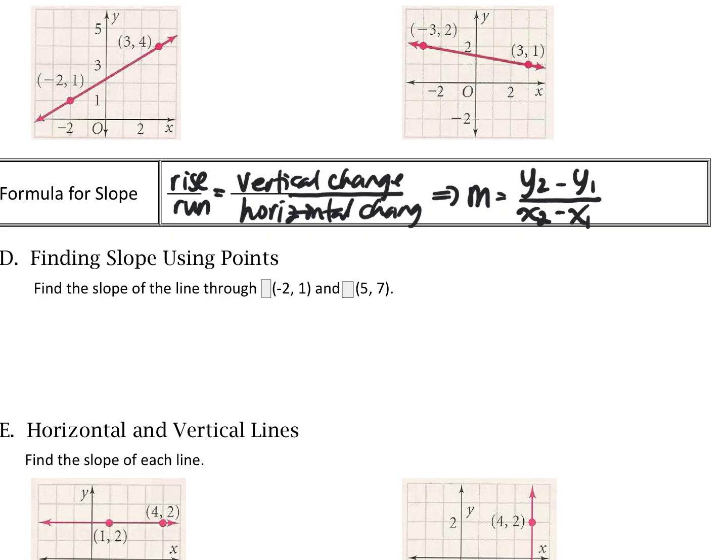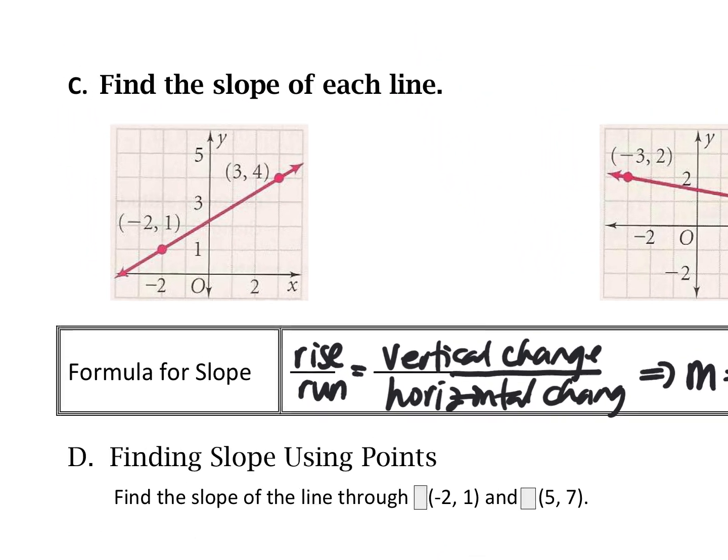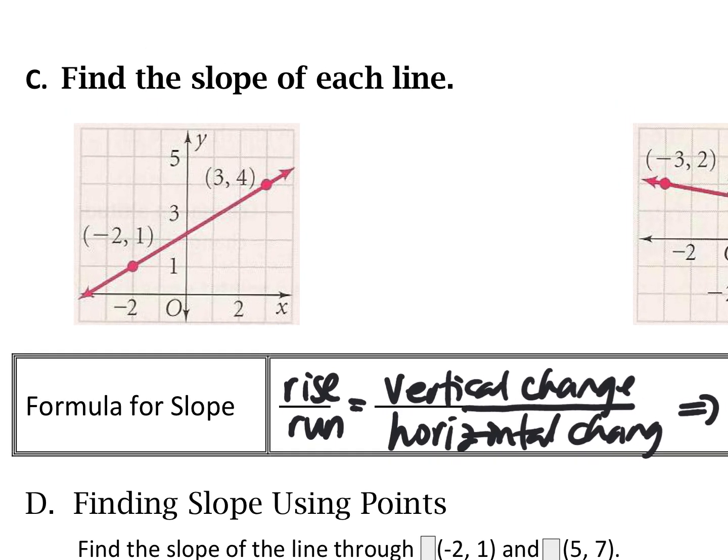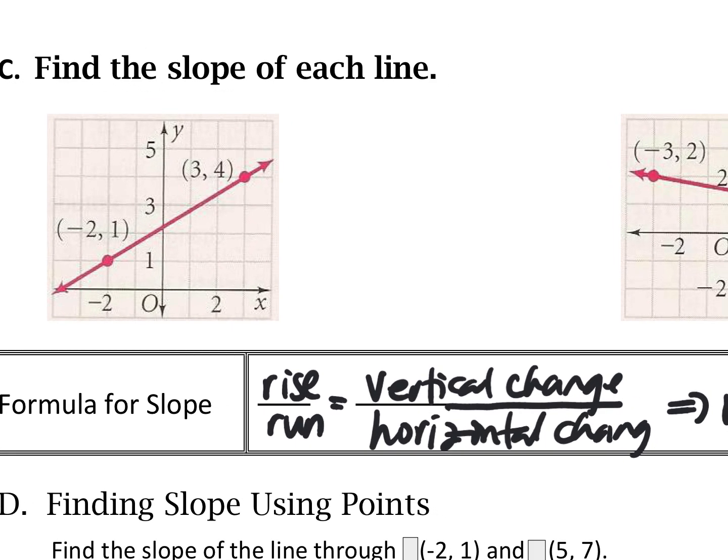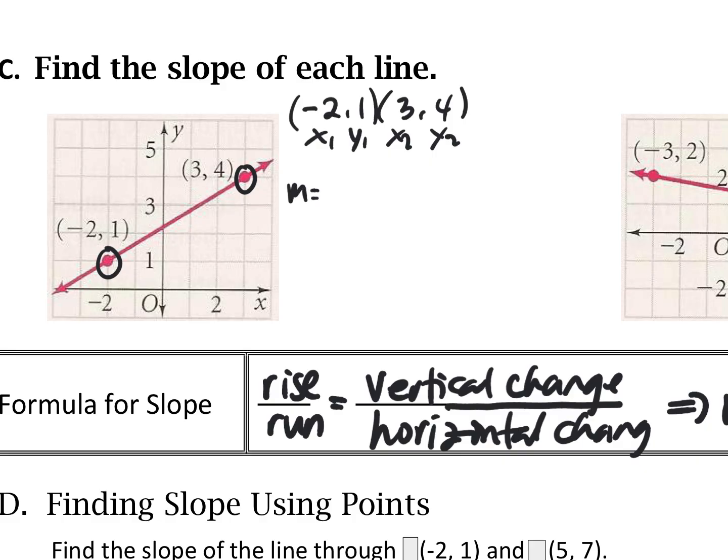Okay, so let's look at this first example in finding the slope. If you're going to notice in here, there are 2 points. These 2 points are negative 2, 1, and the other point is 3, 4. So we're going to label this one as your x1, y1, x2, and then y2. Using the formula, y2 minus y1 all over x2 minus x1 will give you your slope.